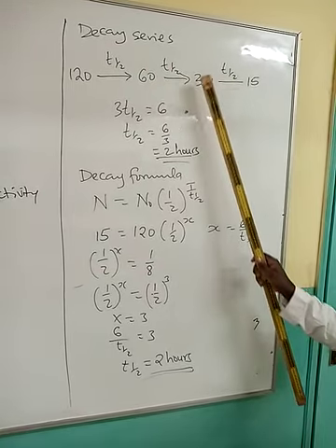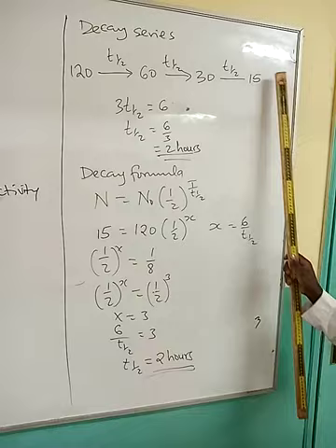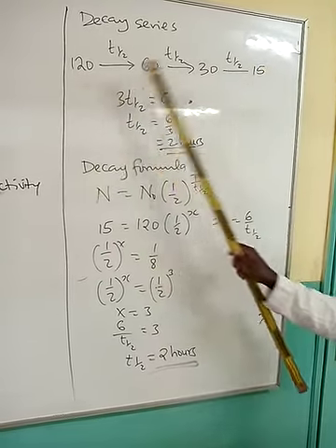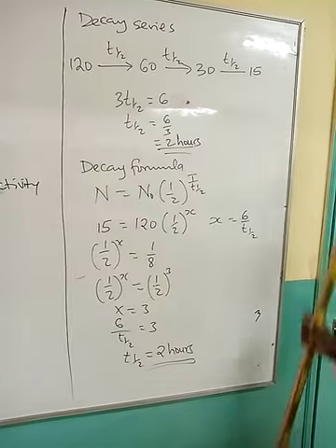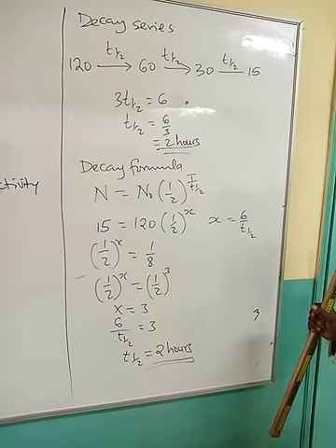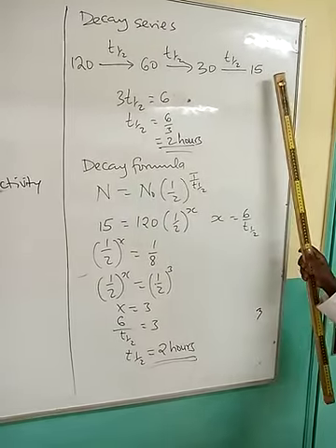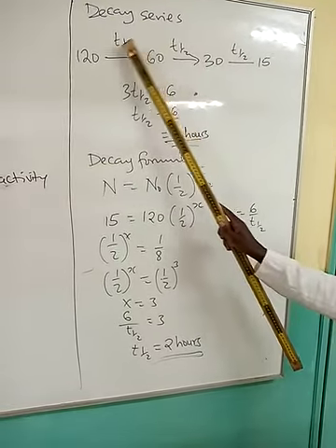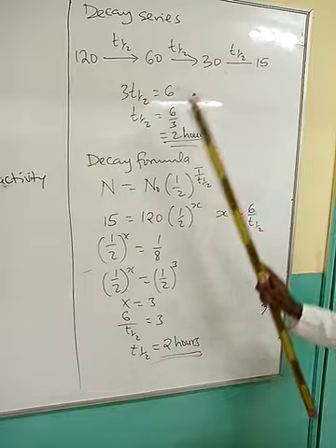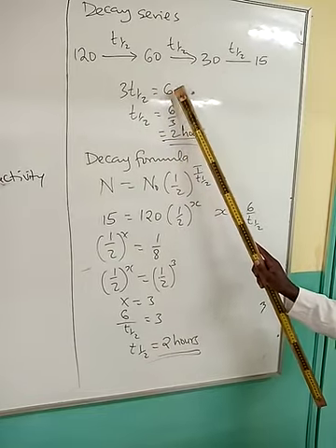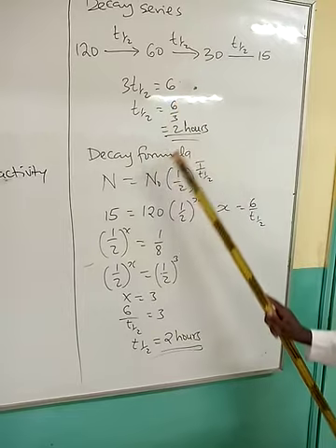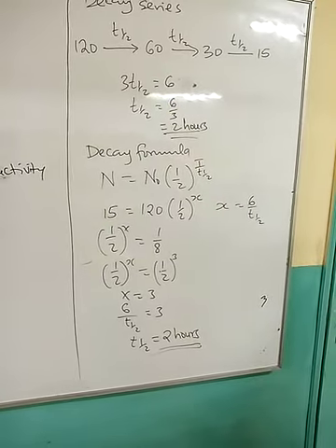Then 30 reduced by half will become 15. 15, remember, is our final activity. So we move from 120 all the way to 15. We don't go beyond 15 because our question talks about 120 as the initial and 15 as the final. So we can see that to move from 120 to 15, we have 1, 2, 3 half-lives. So 3 half-lives take 6 hours. Therefore, 1 half-life will be 6 divided by 3, which is 2 hours.